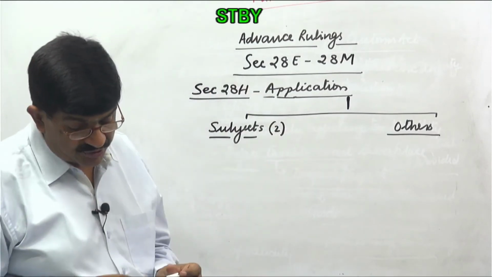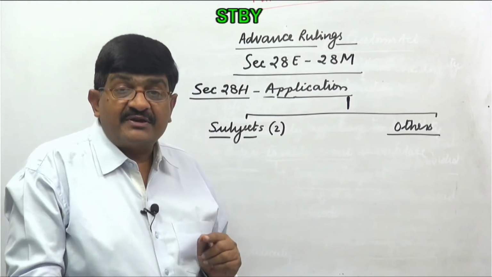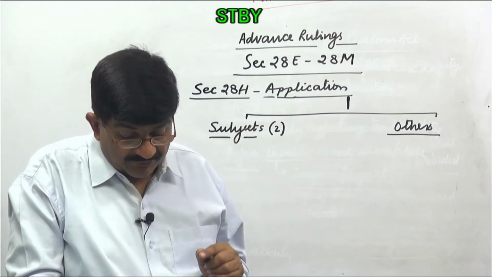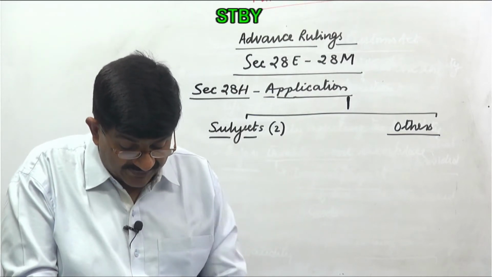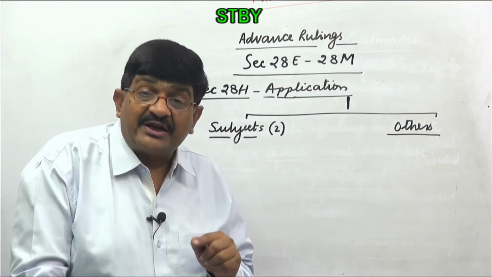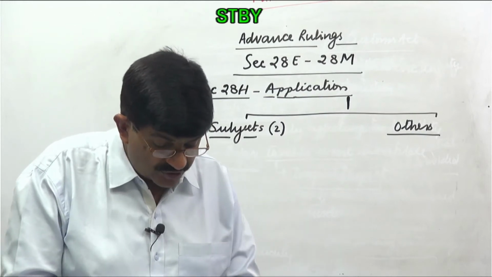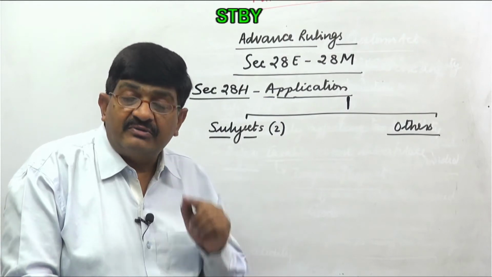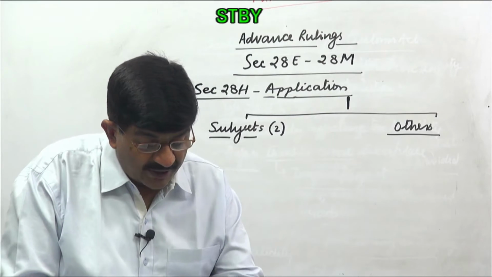So subsection 2 says classification of goods under the tariff, applicability of notification issued under section 25, that is exemption notification, the principle to be adopted for the purpose of determination of value, that is valuation, applicability of the notifications in respect of tax and duties under the custom tariff act. So that is protective duty, safeguard duty, duty against subsidy, anti-dumping duty, we are talking about those duties. Then determination of the origin of the goods, and that is with respect to the preferential rate of duty, and any other matter central government may notify.